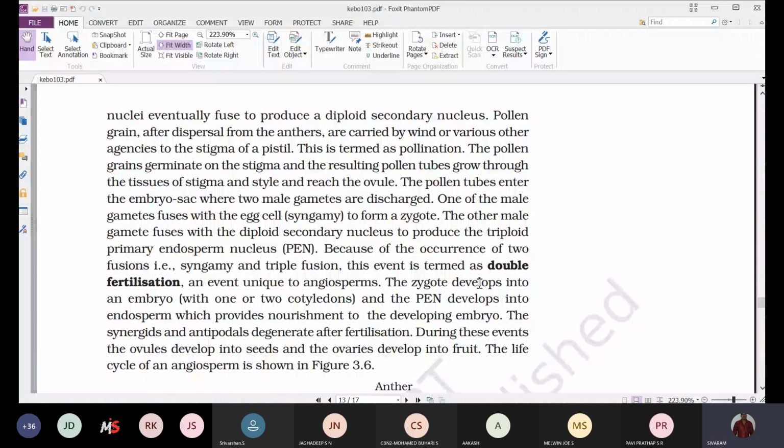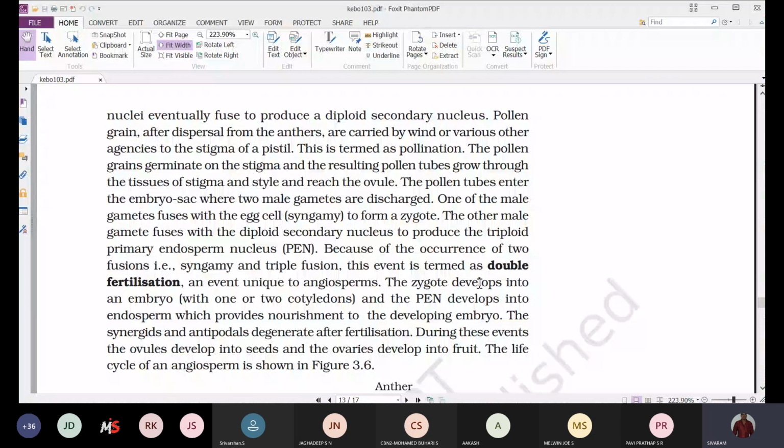Whatever it is, there are two events occurring; two times the fertilization is taking place. One, one male gamete fuses with the egg cell, resulting in the formation of a diploid zygote, which is called syngamy.